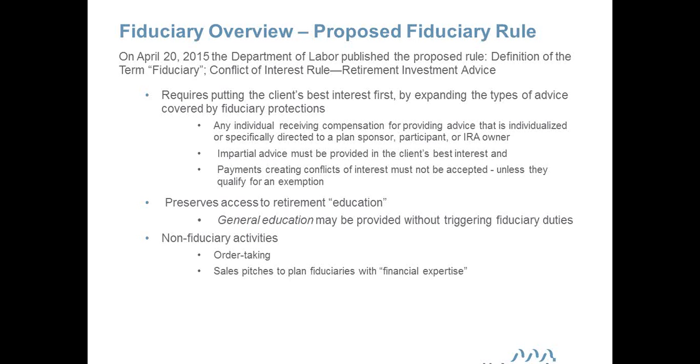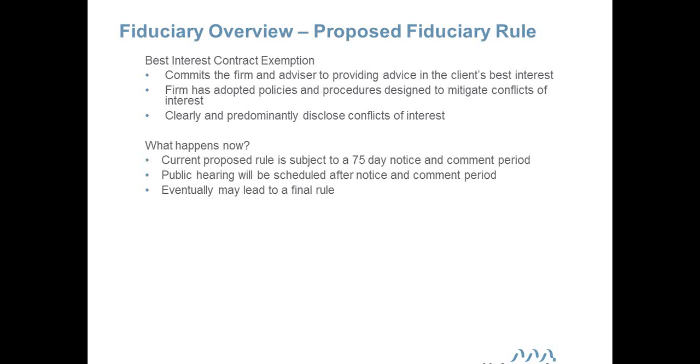So I mentioned this best interest contract exemption under the proposed rule. Basically, the best interest contract exemption is fairly similar to requirements that RIAs, registered investment advisors, have currently under SEC and state rules. So you have to have a contract that commits the firm and the advisor to providing advice in the client's best interest.